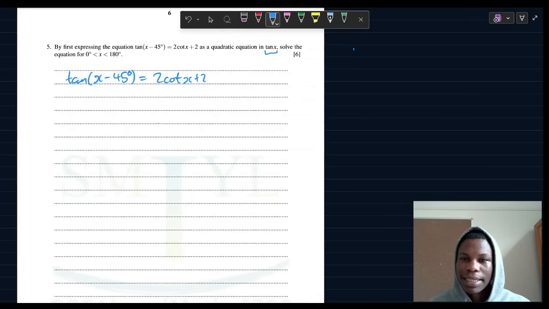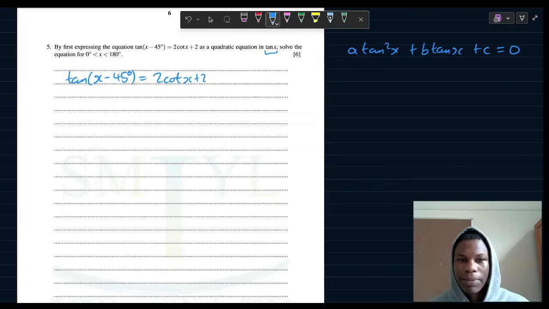So what this means is that they want something of the form a tan squared x + b tan x + c = 0. That's what we're trying to simplify this to. And then once we have it in that form, we can simply solve the quadratic equation and get our values.